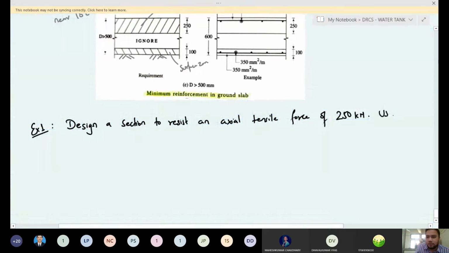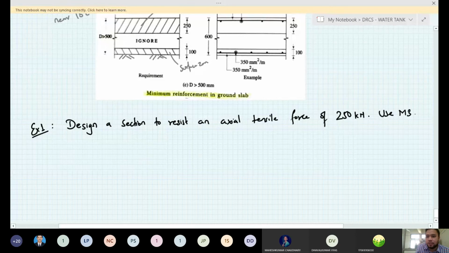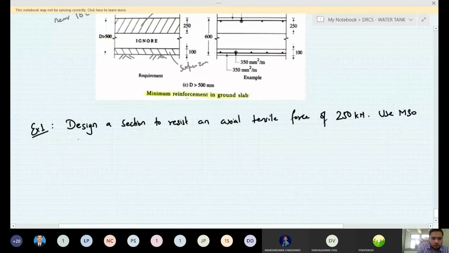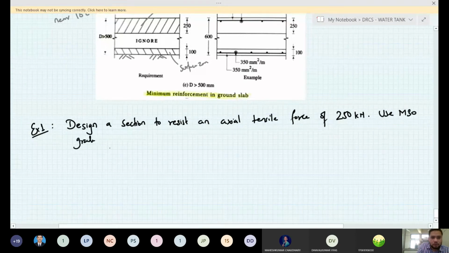You have been given to use M30 grade of concrete and HYSD bar.